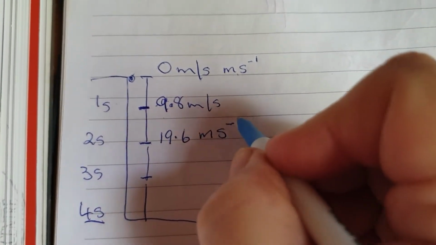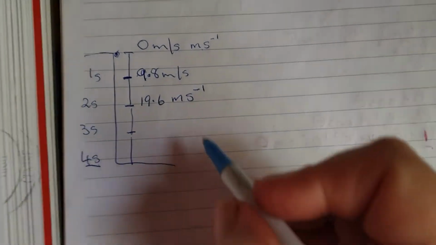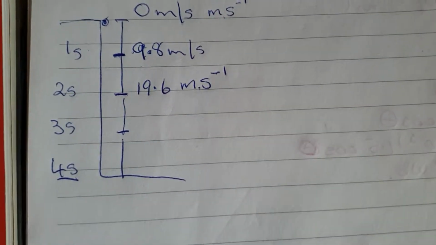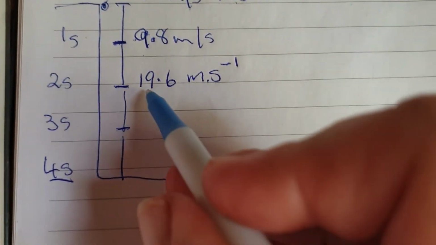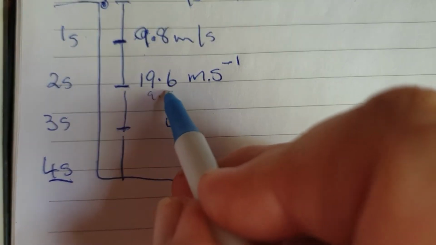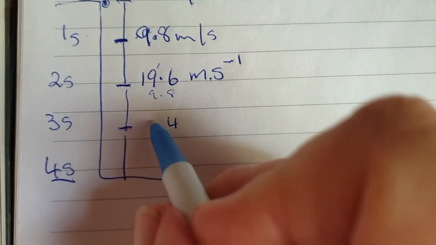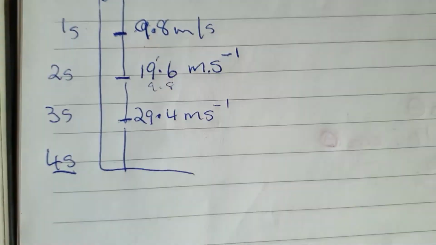I'll try and remember to write the meters per second the way that your textbook does it. 19.6. The end of the third second, there'd be another 9.8 added on to that. What does that make? 29.4 meters per second.